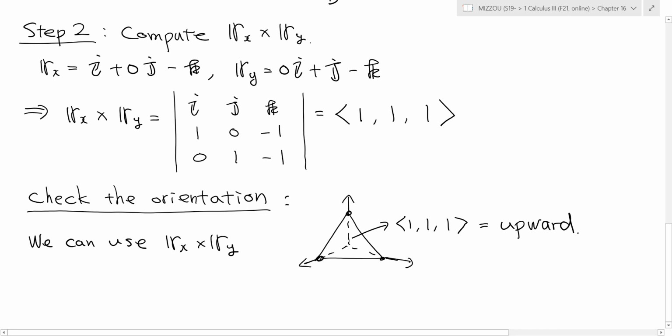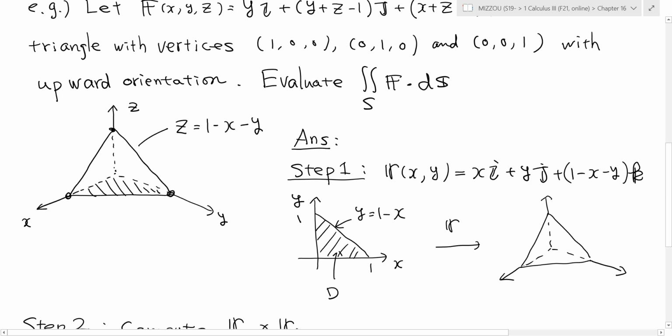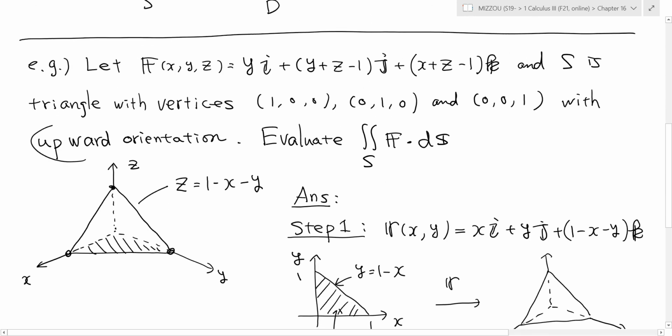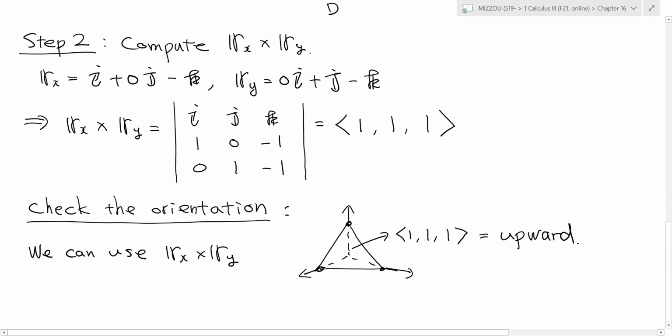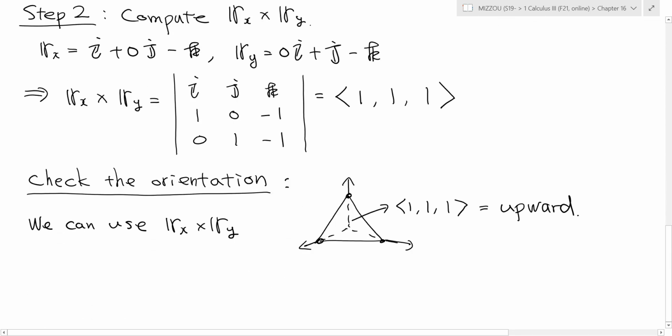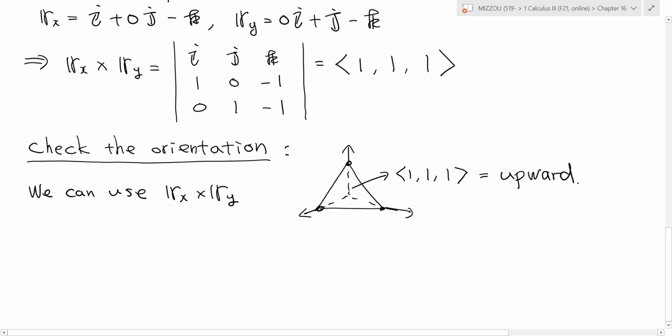Okay, if the problem were a downward orientation instead of the upward orientation, then in that case, you'd have to use the other way around, in which case this would be negative 1, 1, 1. But for this, we could use this. So this orientation is consistent with the given orientation. So that's step 2.